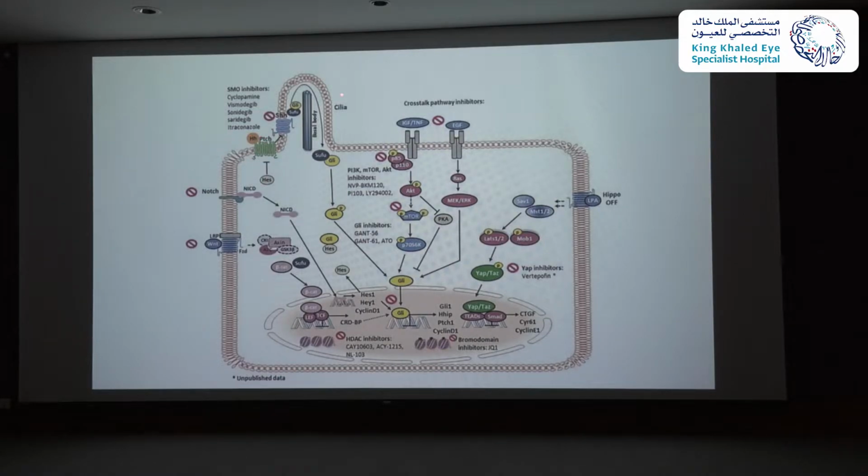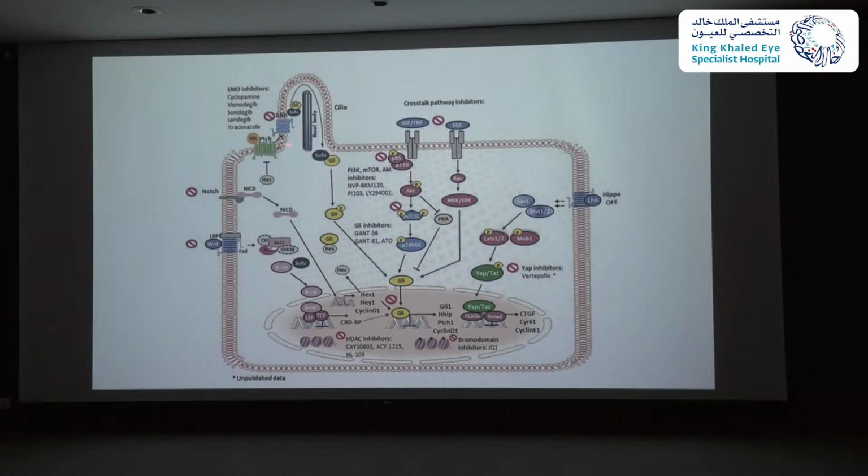What happens is that the Hedgehog ligand will attach to the PATCHED1 protein. This will cause repression of the PATCHED1 protein and activation of the SMO protein and also activation of the cascade.